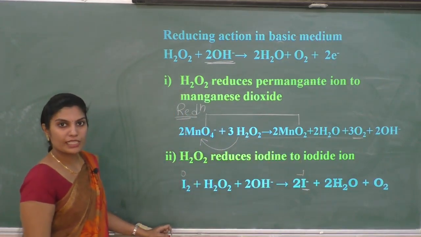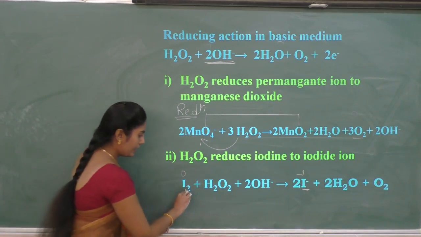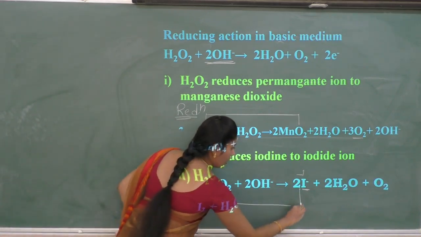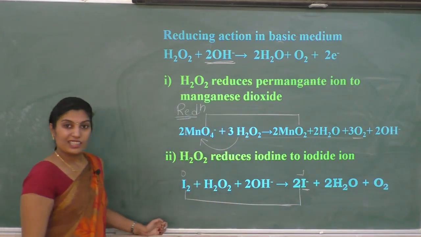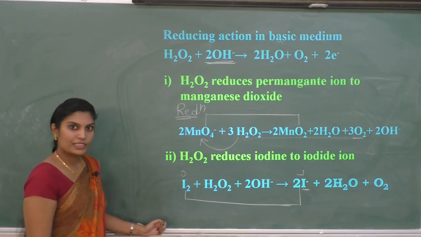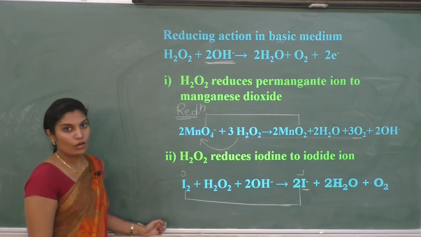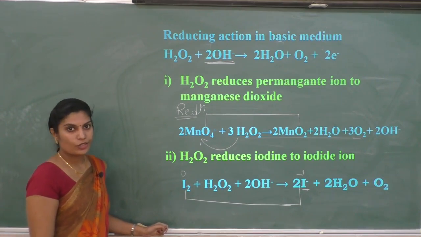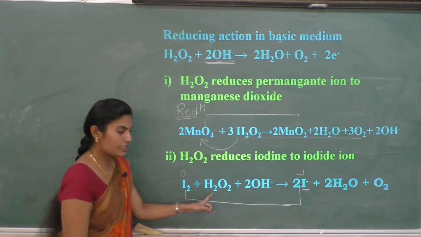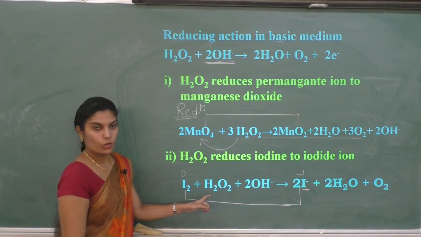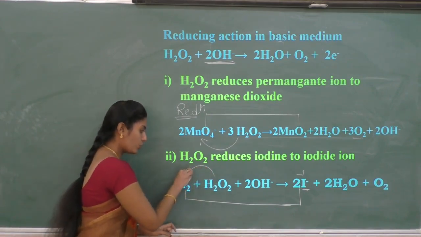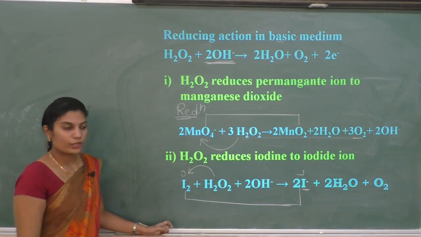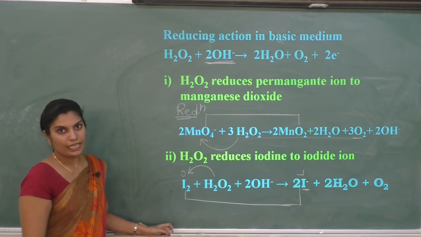What do you mean by minus 1? Iodine is undergoing reduction by the gain of electron, and that electron is from the H2O2. This H2O2 reduces iodine to iodide ion.